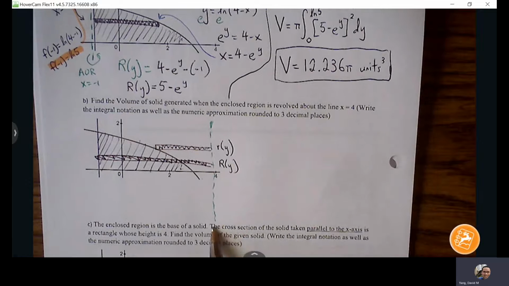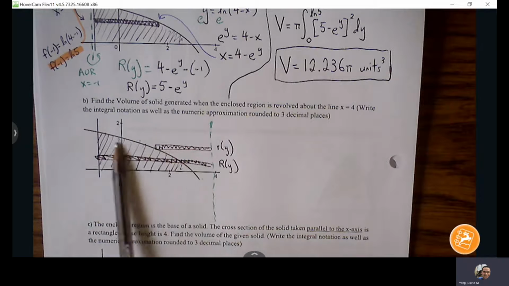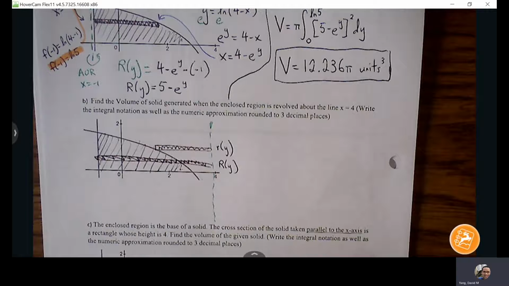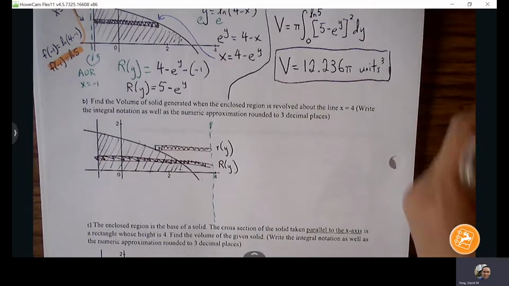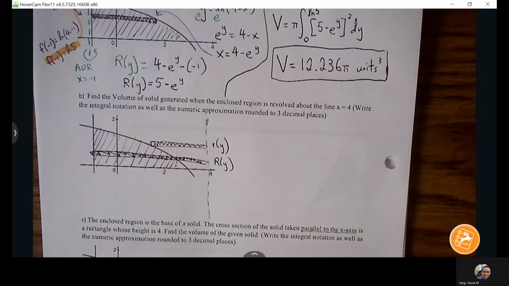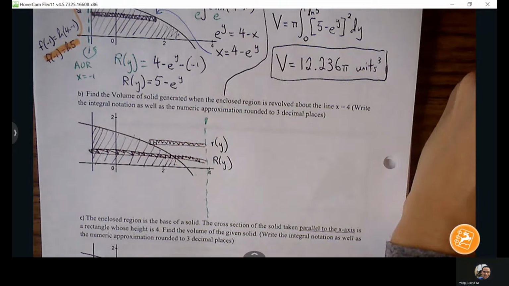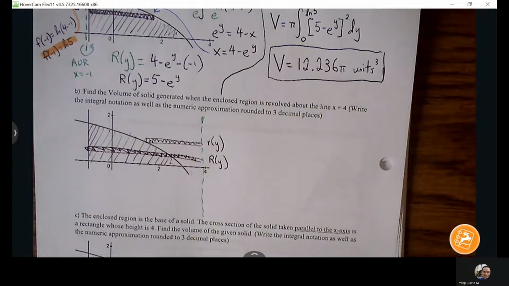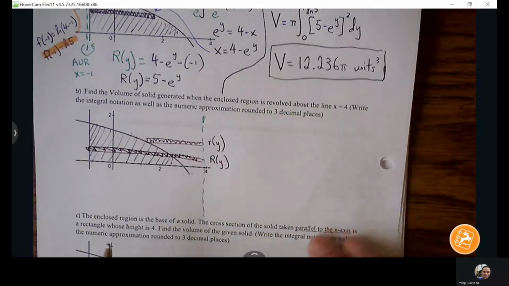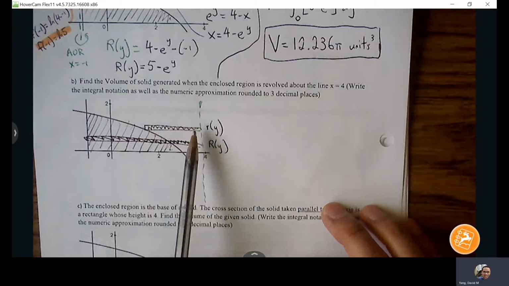Okay, your axis of revolution is only helpful to help you get to that radius that you need, but the shaded region is the only thing you look at for the bounds. Okay, big radius, right minus left, little radius, right minus left.